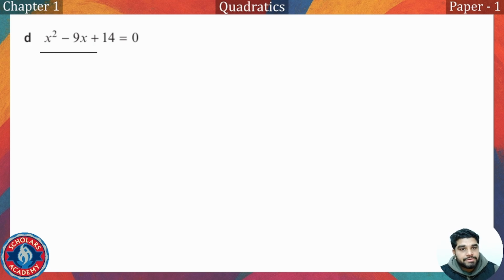First two terms: a is just x, that's why we are taking 2b as the coefficient of x. So 2b is equal to 9, b is equal to 9 by 2, b square is equal to 81 by 4.